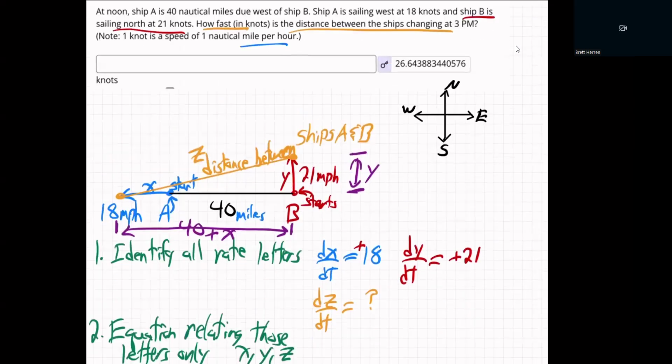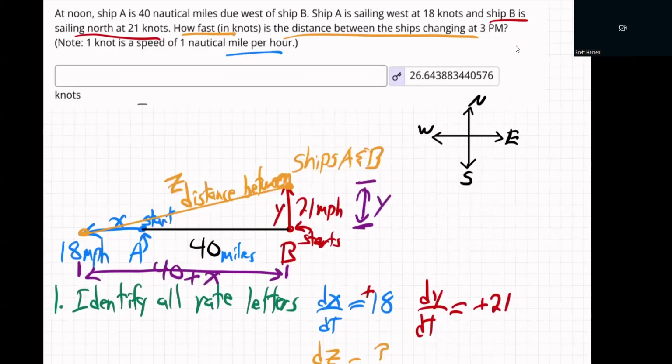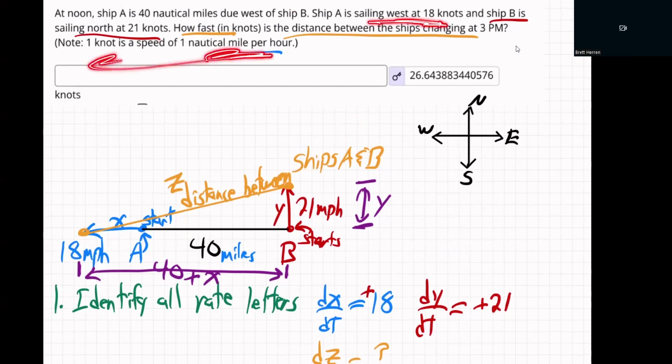Well, that's when we go look at what it says the ship is doing. It's sailing west at 18 knots. Remember, knots is like miles per hour, nautical miles per hour. 1 knot is a nautical mile per hour. So just say miles per hour. So ship A is going west at 18 miles an hour.